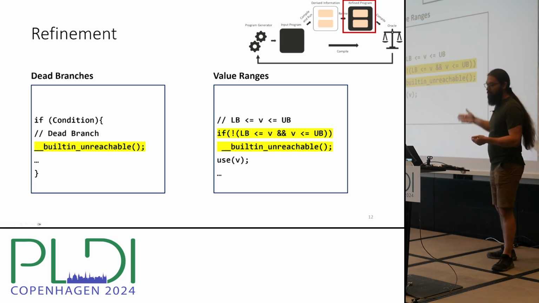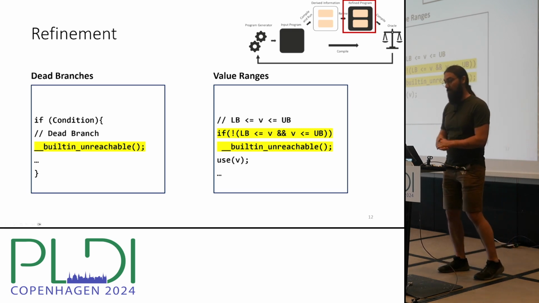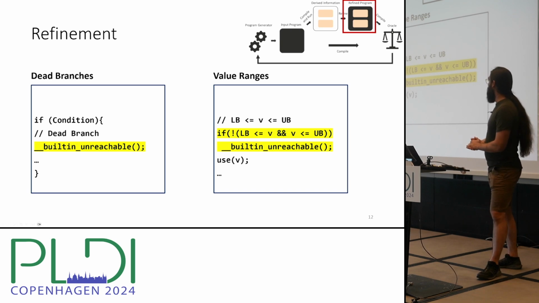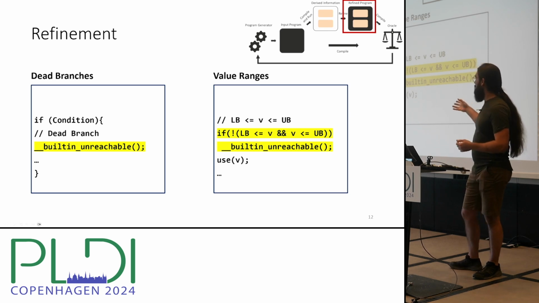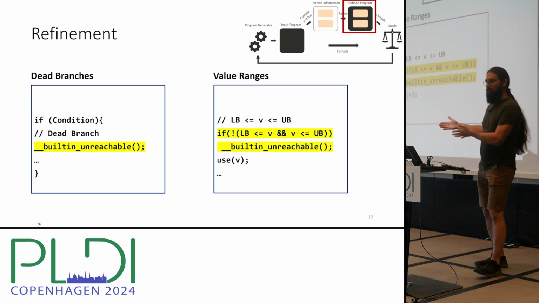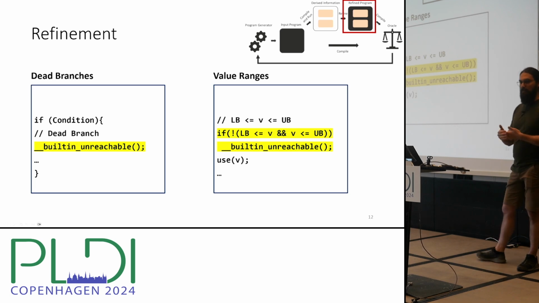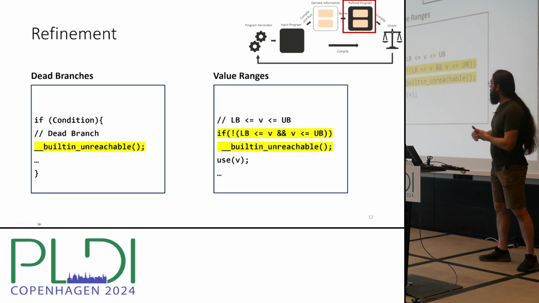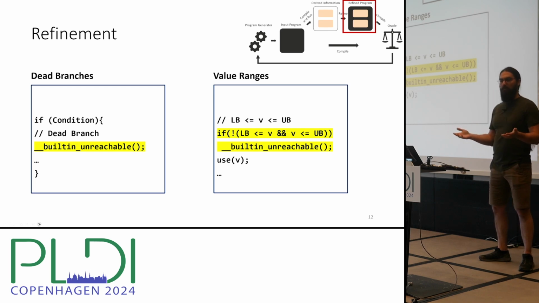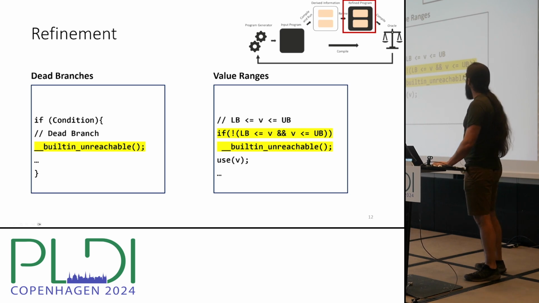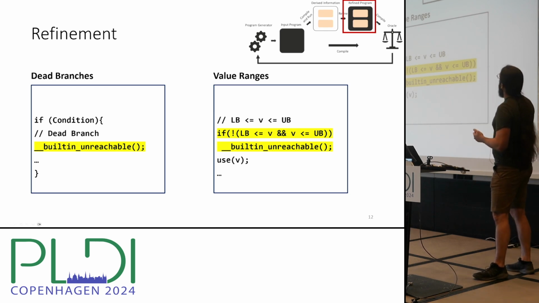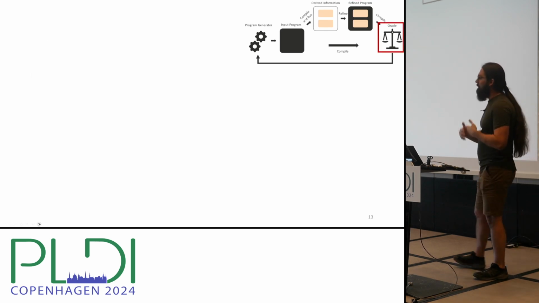And similarly to before, the compiler can use this information potentially while optimizing this program. So one note is that both of these things would have been probably much easier to implement as compiler passes and not source-to-source transformations. But since we were targeting multiple compilers, we wanted a single solution, and that's why we opted for a source-based one.